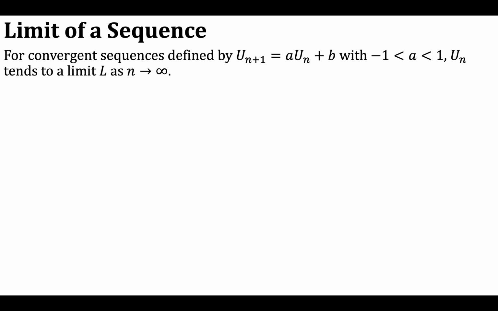So speaking about converging to a limit brings us on to talk about the limit of a sequence. For convergent sequences defined by un+1 = aun + b, where a lies between -1 and 1, un tends to a limit L as n tends to infinity. So we've already talked about this.